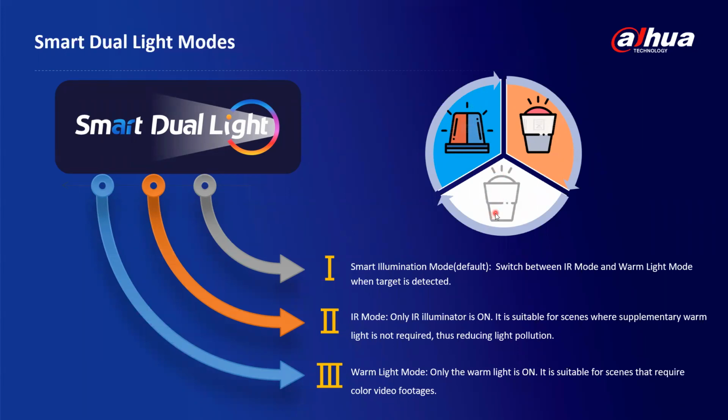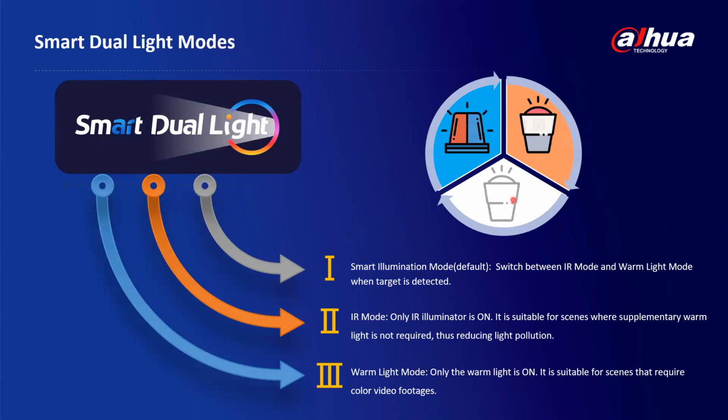But if there are some activities and the 2 filters, human and vehicle, have been detected within that scene, and you need colorful images to record what is happening, then the camera switches from IR to the warm light, just for the purposes of getting those colorful images. The minute those intruders, or those 2 target filters, are away from that scene, the camera intelligently switches from white light back to the IR light.